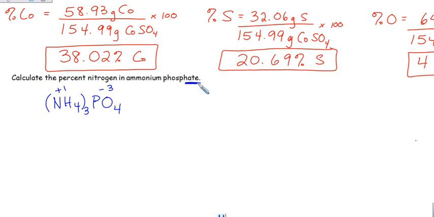You need 3 groups of NH4 so that when I find the mass, I will need to distribute the 3 groups of ammonium should give me 3 nitrogen and 12 hydrogen. Then there's only 1 phosphorus and 4 oxygen.